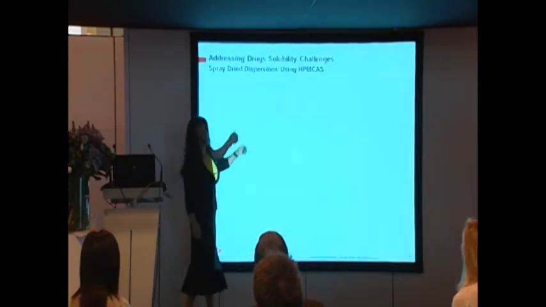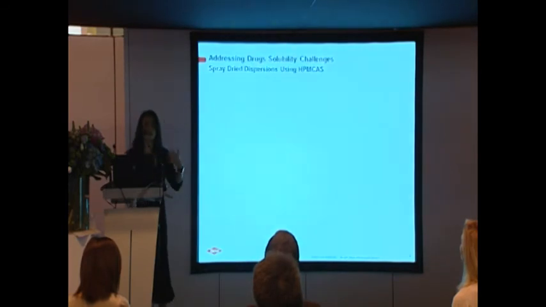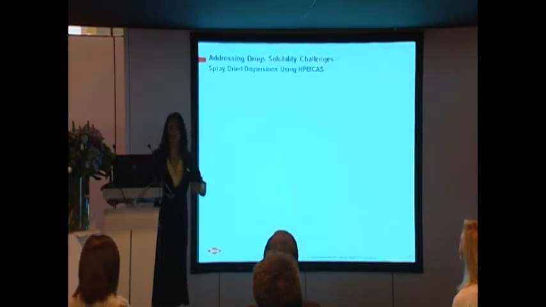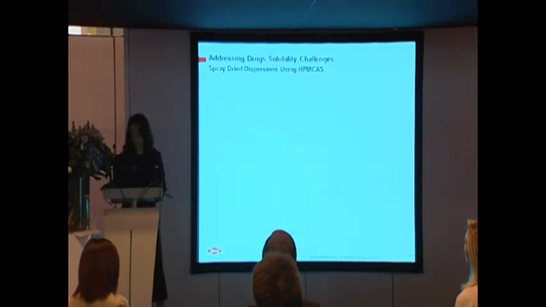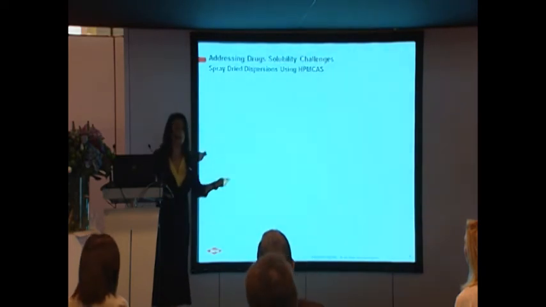And HPMC-AS, which is hydroxypropyl methylcellulose acetyl succinate, is also a well-known polymer. Again, by improving the existing polymer performance and tailoring it, we can use more and more APIs. So here we have solid dispersion, a well-known technology, and HPMC-AS, a well-established product.